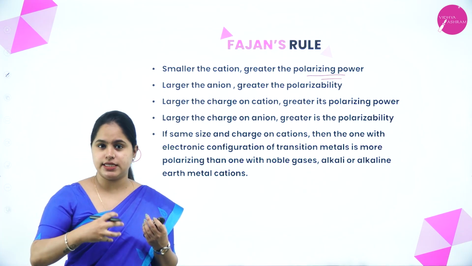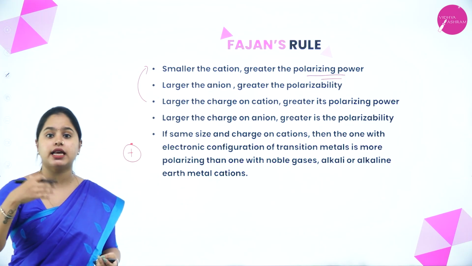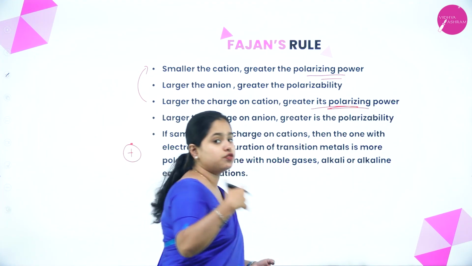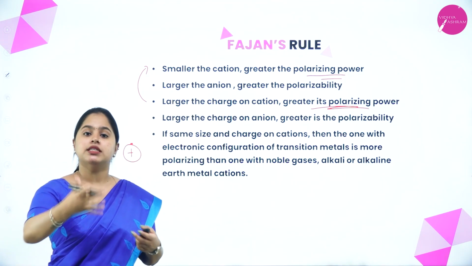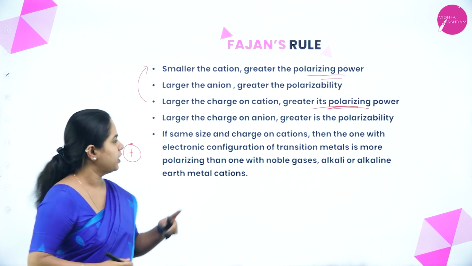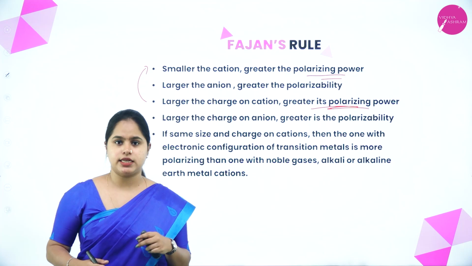We have studied that smaller the size, greater the polarizing power, right? So when the charge of the cation keeps increasing, the size is reduced, and that means greater polarizing power. Now moving on to larger the charge on the anion, greater will be the polarizability.